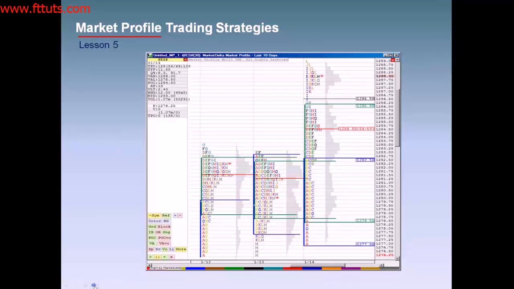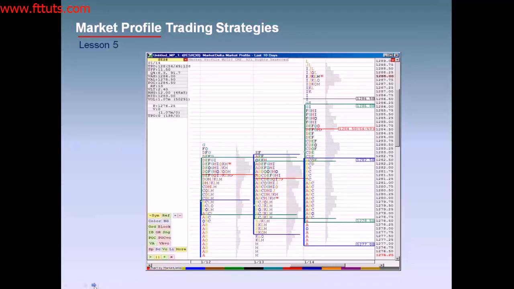One of the reasons I always use the same colors for these lines is because visually it helps me identify them very quickly. And I would encourage you to do the same. If you don't like the colors that I use on my chart, pick your own colors. That's not the issue. But the issue is be consistent.